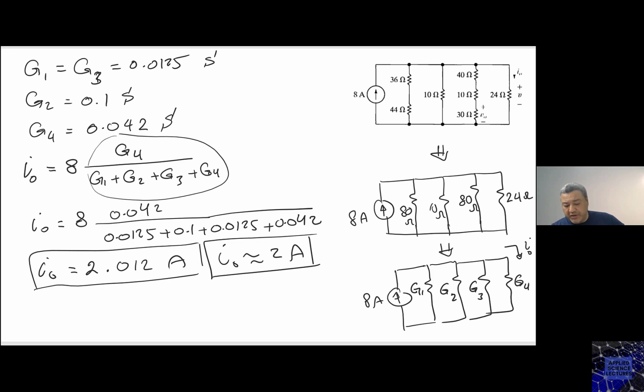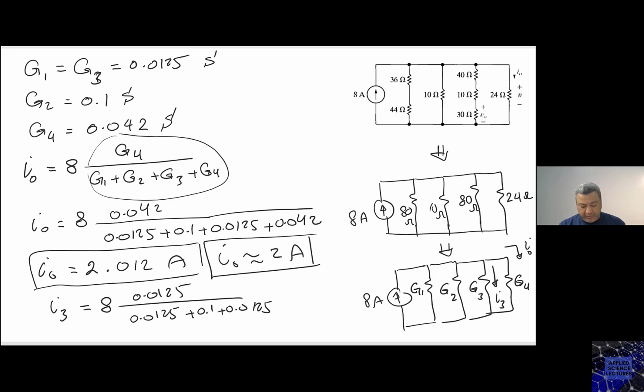The voltage division here: now after we found the current division, you need to calculate the current here. Let me call this one I3. Use the same method. I3 is 8 times 0.0125 over 0.0125 plus 0.1 plus 0.0125 plus 0.042.